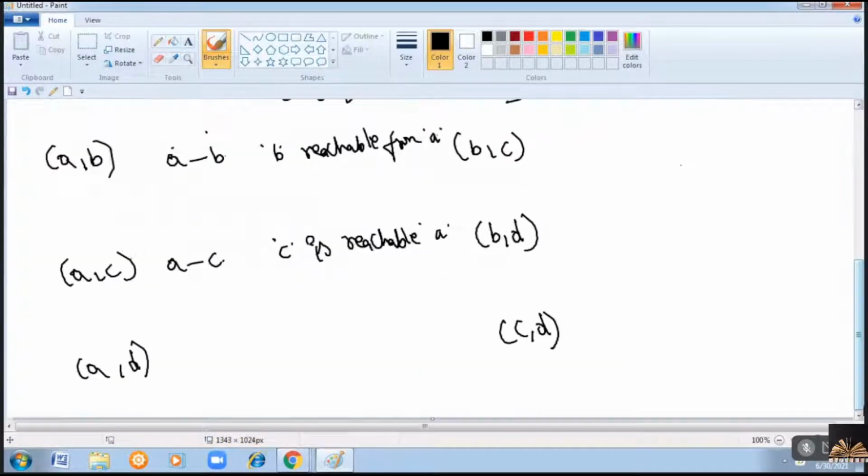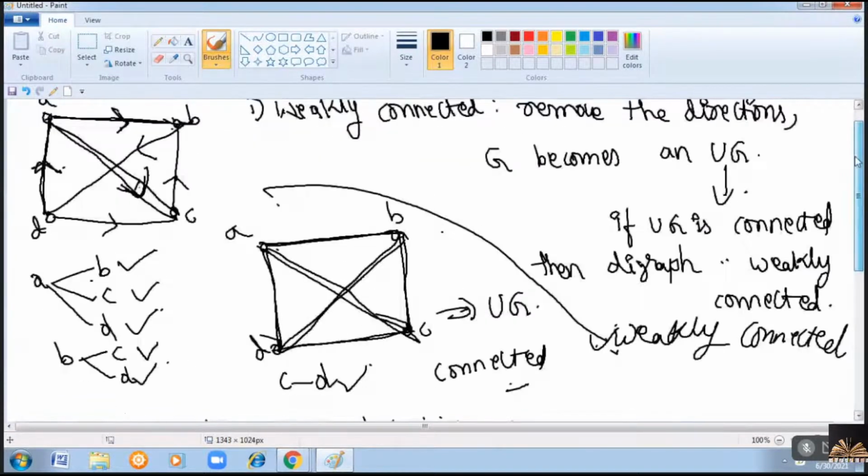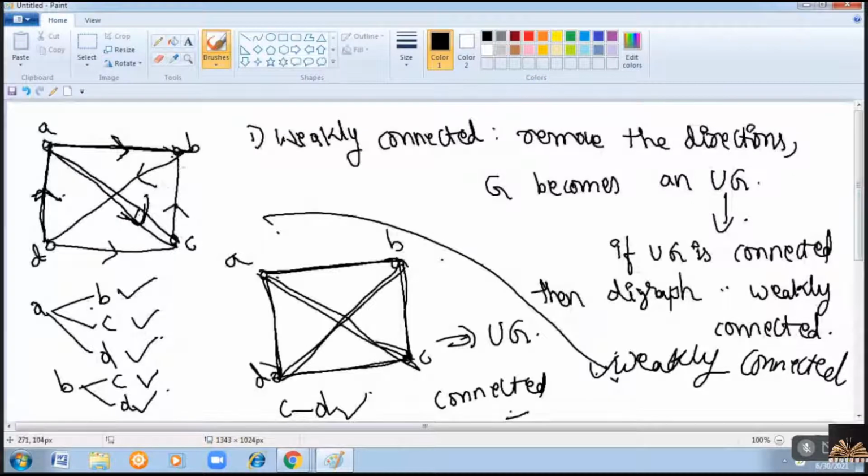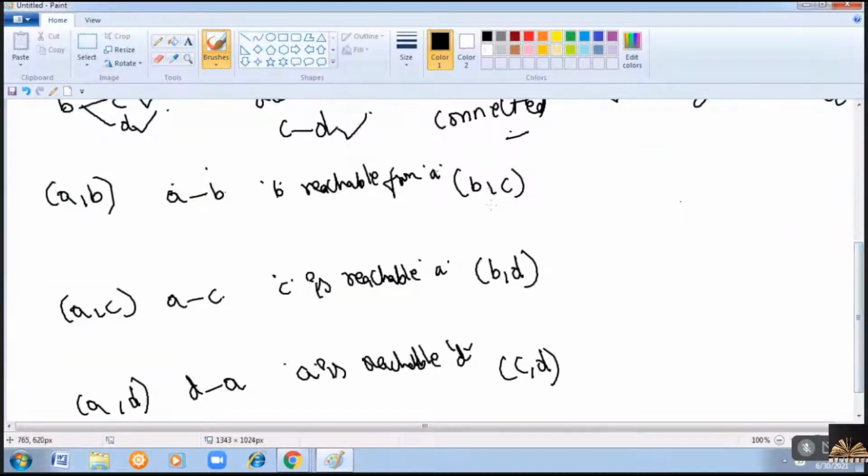Therefore you can say that A is reachable from D. Similarly consider the next pair B comma C. In this pair, you have a directed edge from C to B. So B is reachable from C because C to B we have a direction.